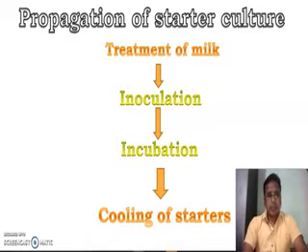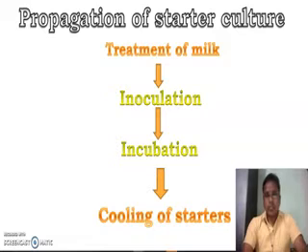Milk of abnormal quality should not be selected. It means milk taken from a mastitis cow should not be used. Late lactation milk should not be used for this purpose.